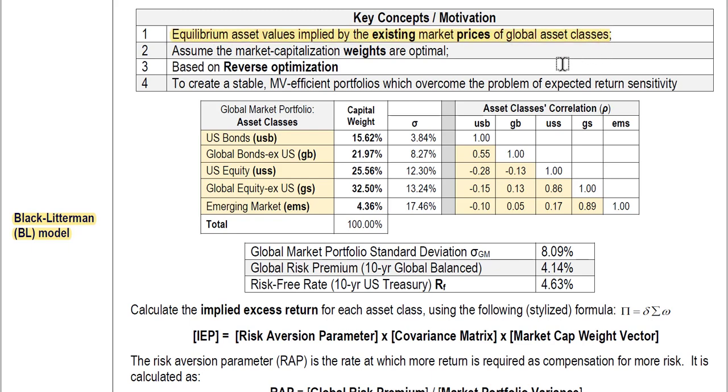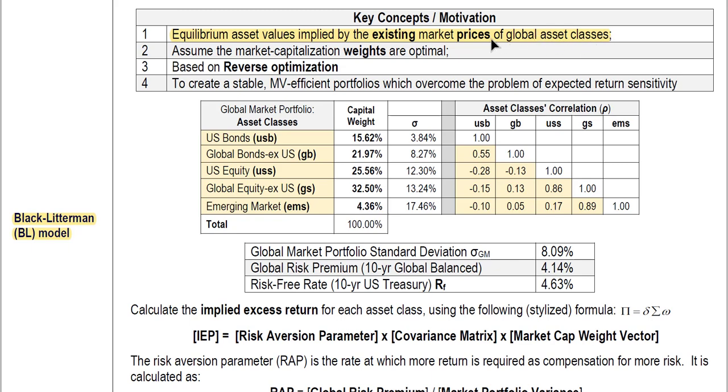If you look at the global asset classes as a whole over a period of time, they tend to be very stable. We're assuming that the market is efficient. Suppose the market is efficient, then we have the price information from the global market asset classes. We talk about asset classes, not the asset itself. An asset class is like an average of that, so it's like a big portfolio.